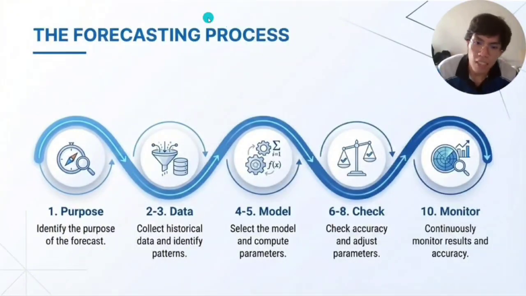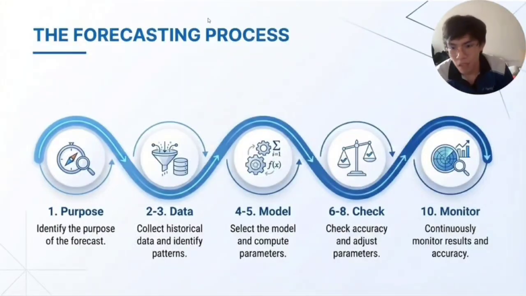We continuously track the forecast results and monitor accuracy over time. Forecasting is not a one-time activity and it needs ongoing review. This process helps organizations make better decisions and respond effectively to changes.